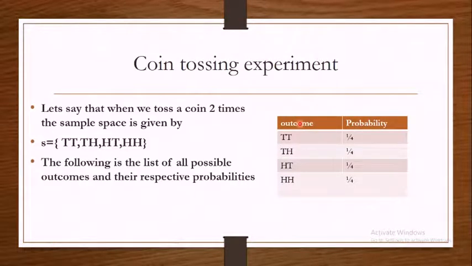In this table, the first column is all about the outcome that we got when I tossed the coin 2 times, and its corresponding probabilities. I'm not going to explain this furthermore because I hope you all know this, because you have studied it in the last semester. Now I just want to connect this whole thing with the probability distribution ideology.